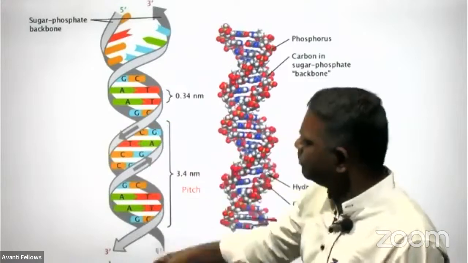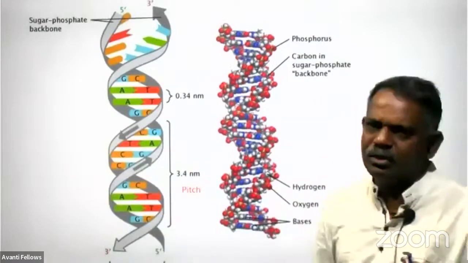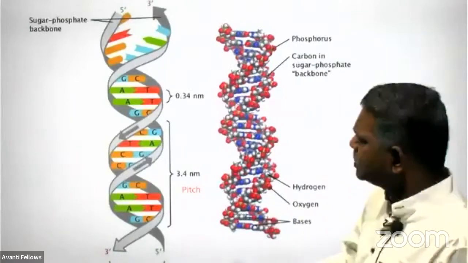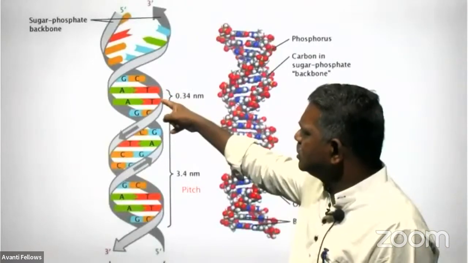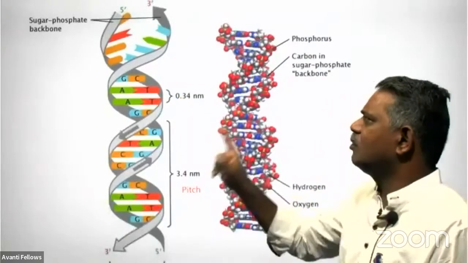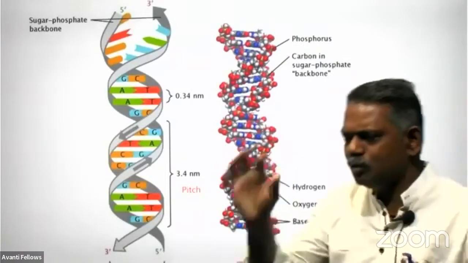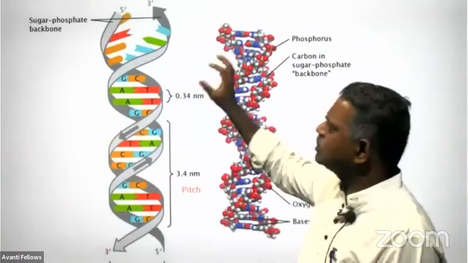It's not there in the picture, but 10 nitrogenous bases are there in one pitch. So naturally, the distance between two nitrogenous bases in the DNA is only 0.34 nanometer. That is the distance between two nitrogenous bases in the double-stranded DNA.